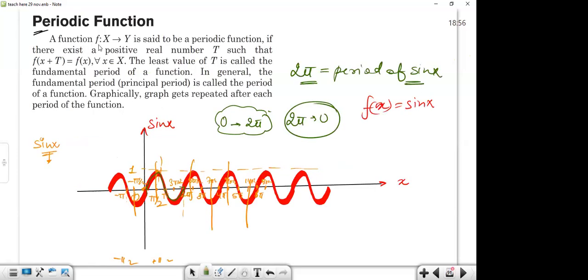Now let's read the definition. A function from X to Y is said to be a periodic function if there exists a positive real number T such that f of x plus T, as T is the period here, is equal to f of x for all x belonging to set X, its domain. The least value of T is called the fundamental period of a function.